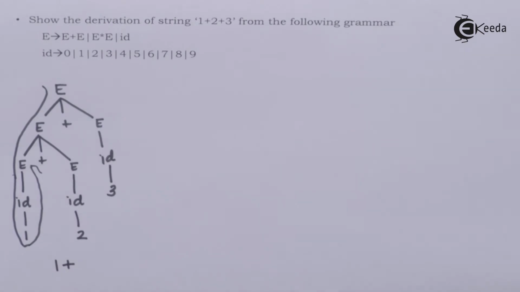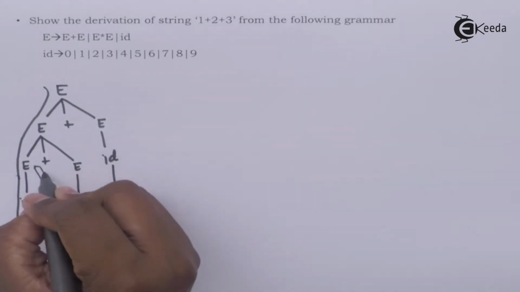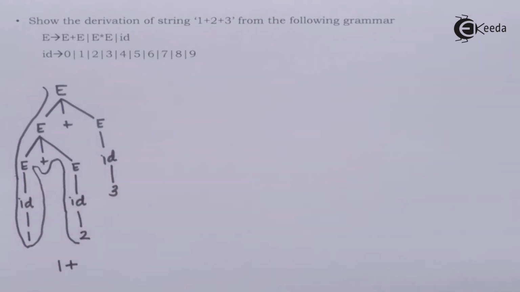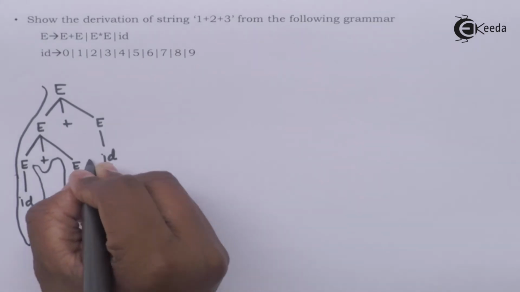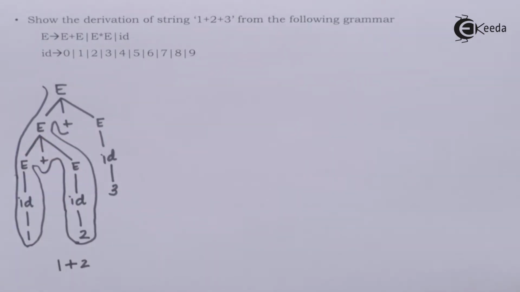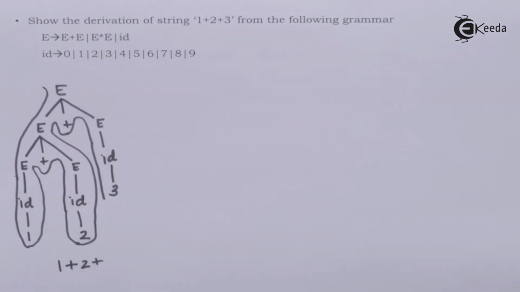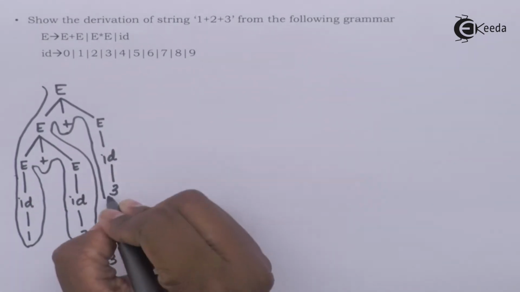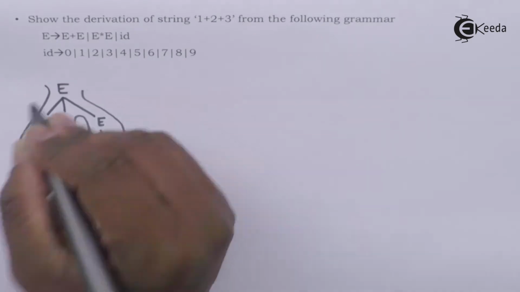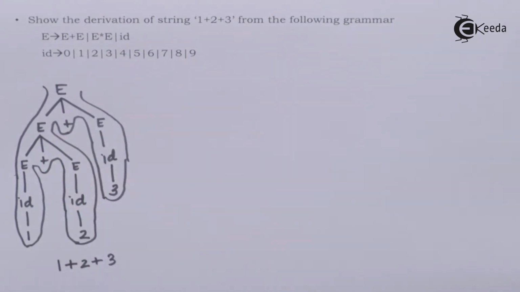Note that we are not using the non-terminal, we are only writing the terminals. We have reached 2. Again a plus symbol. Now we have reached 3. And we reach back the start symbol E.